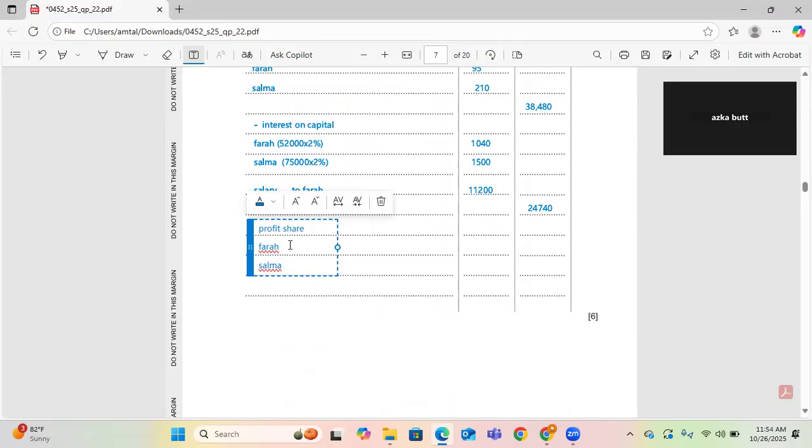So 24,740 multiply, that was, I guess, 30%. Yes, 30%. And that's equal to 7,422.